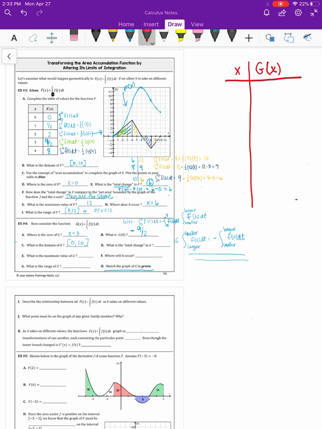We would have 0, 1, 2, 3, 4, 5, 6, 7, 8, 9, 10. Oh my gosh, this is going to be a lot of work. But we already said that our g of 0 was negative 9/2.